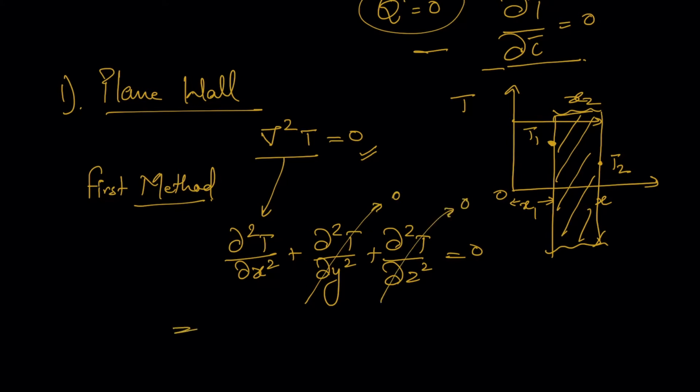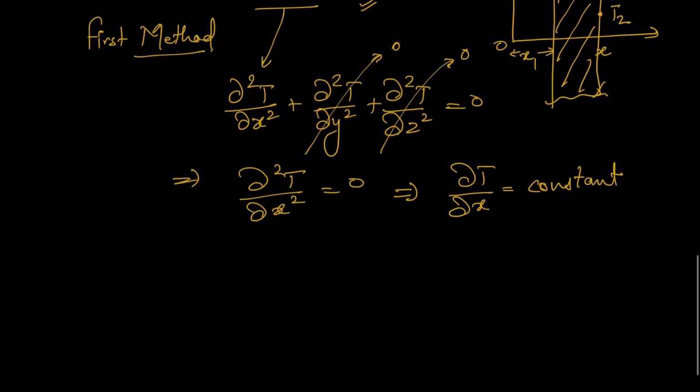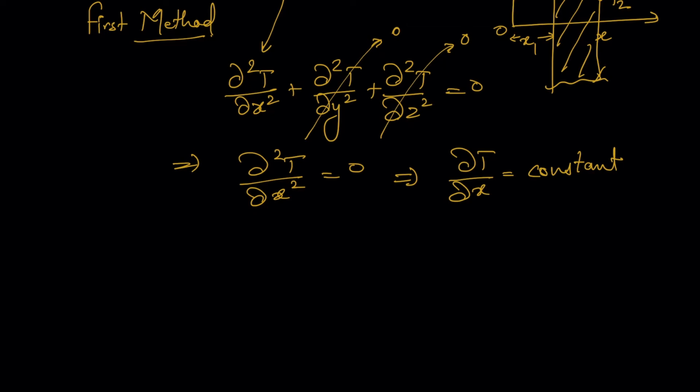So this will become del 2T by del x square equals 0, right? That means del T by del x is constant, if you know differential calculus.